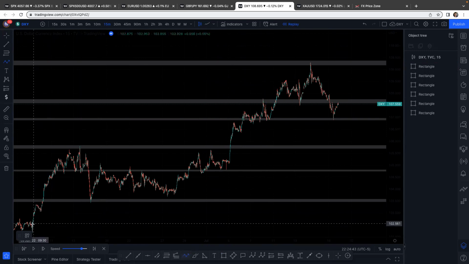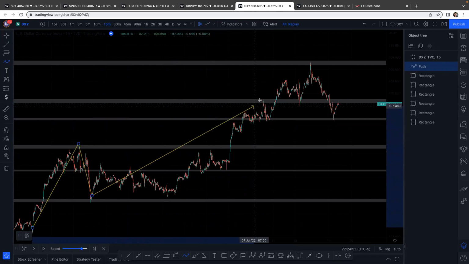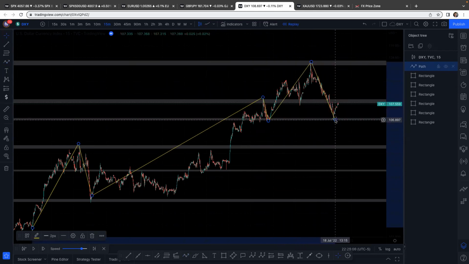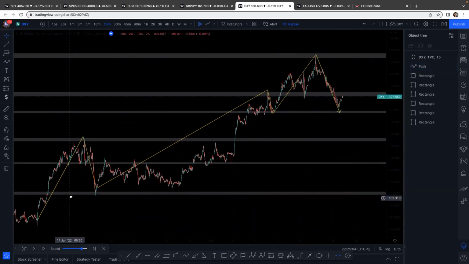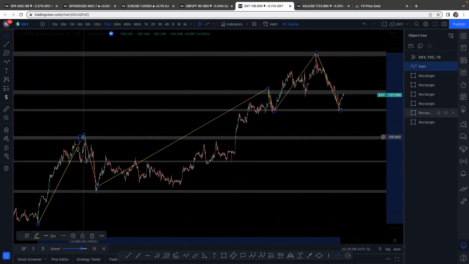You can use this tool and it can kind of help guide you on some of the strong, obvious moves to help with putting your levels. I don't know if that helps at all, but you see, where I made those strong peaks and valleys, price has pretty much hit those particular levels.